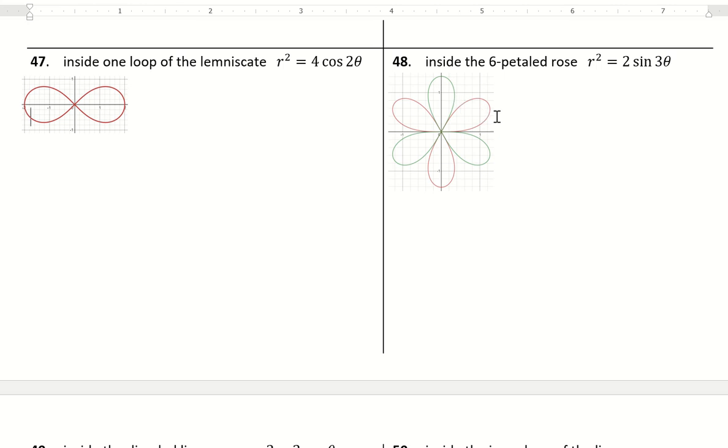Sometimes a better strategy is to find just one petal, because it's very symmetrical. Find the area of this petal, double check that it's all positive radii, and then multiply that by 6. Whatever you can do to figure it out.